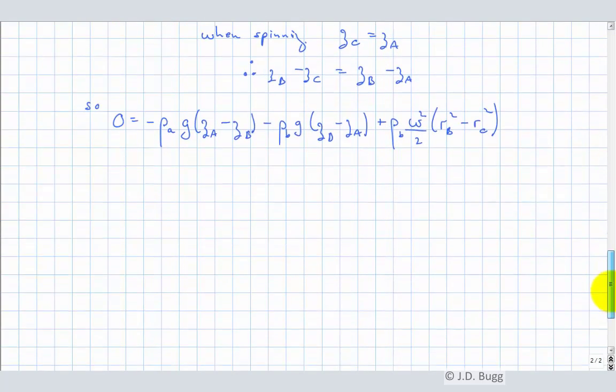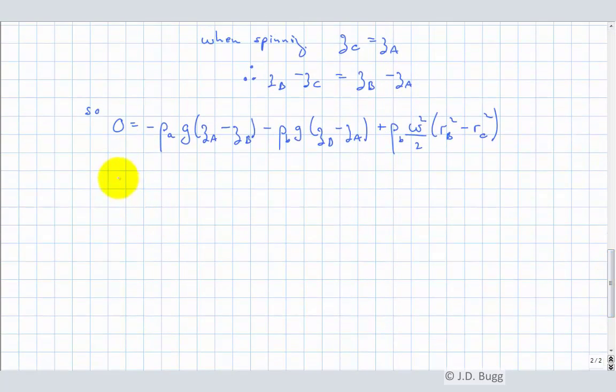So it's just a matter of substituting numbers into this. So we have 0 here. Rho A is 1,000, so minus 1,000 kilograms per meter cubed. Units go in whenever numbers go in. G is 9.81 meters per second squared. ZA minus ZB is just 0.1 meters.